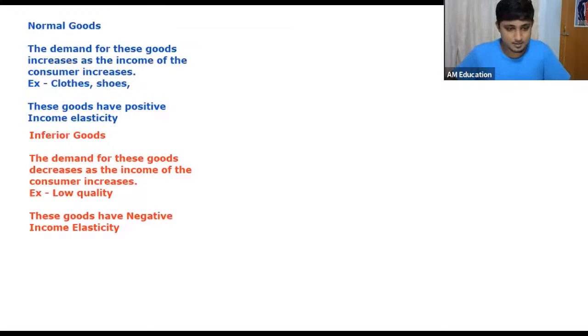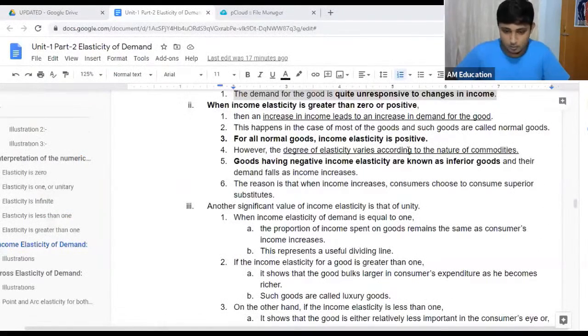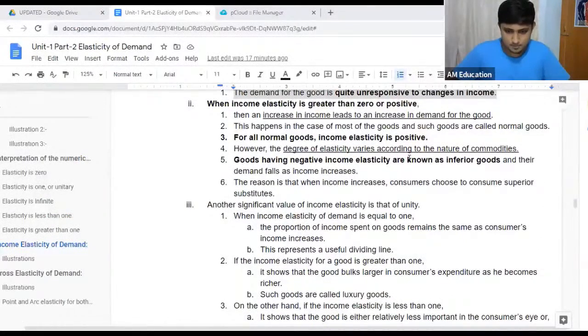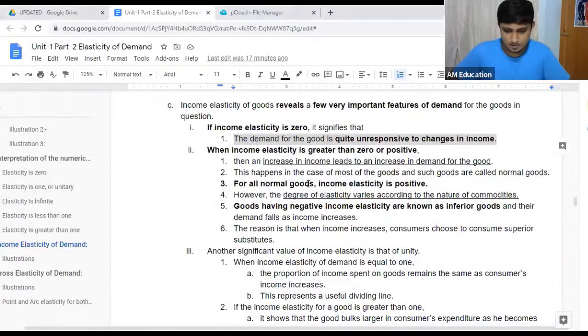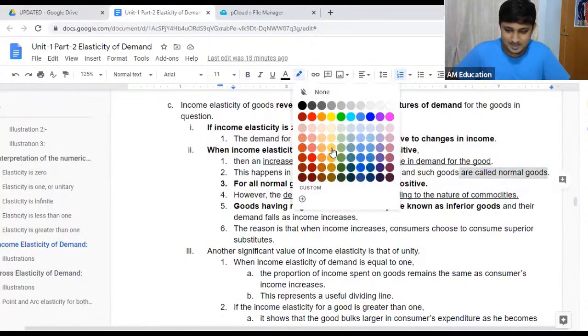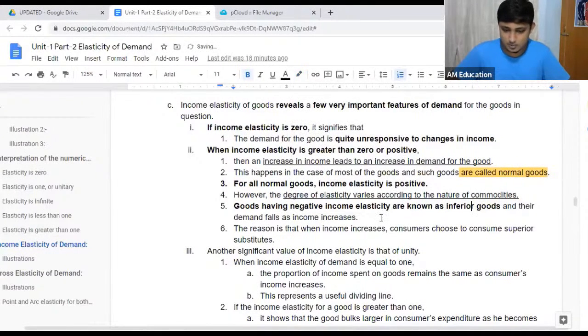Now, what else did we learn? Okay, normal goods are called normal goods. Let me just mark this so that next time when we go through these things.